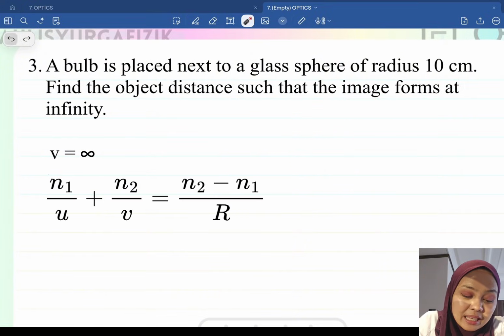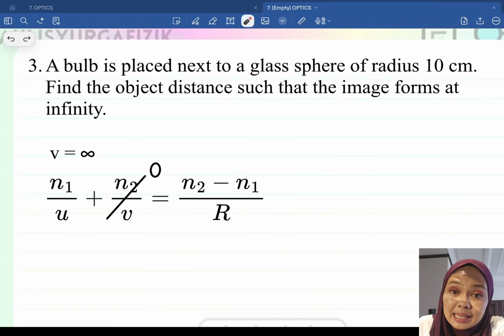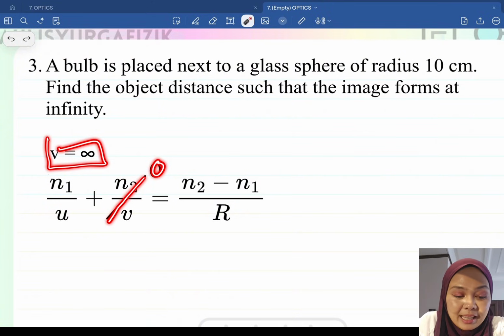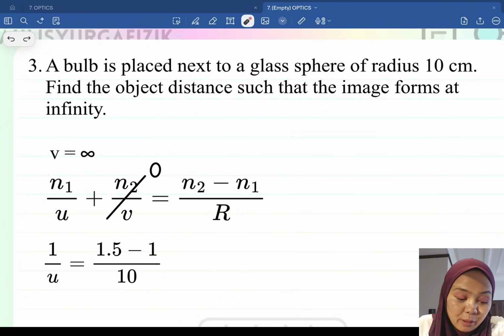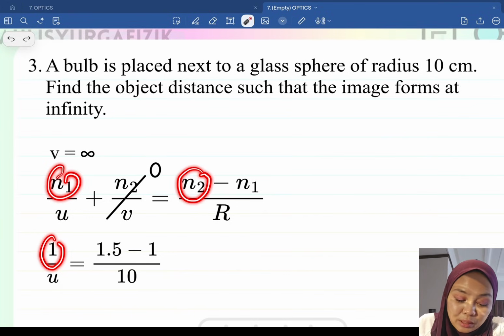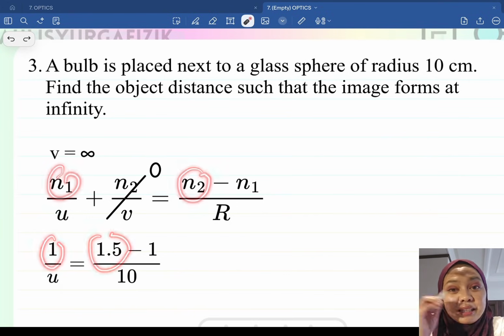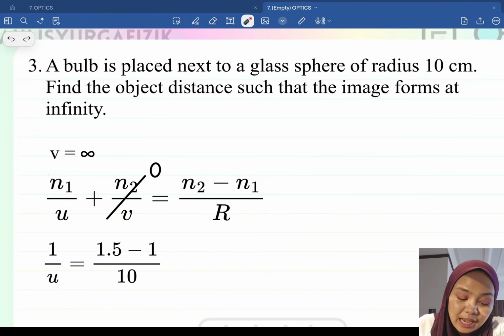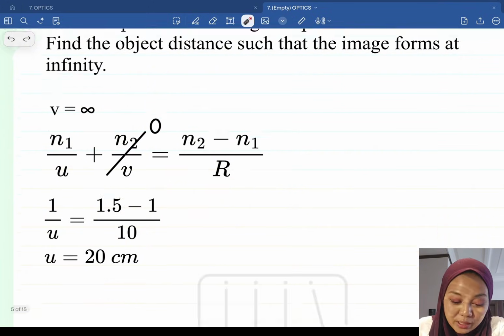So we're going to use it in our spherical surface equation. This time we make sure our 1 over V is zero, because V is already at infinity, right? So when we substitute, notice that our N1 is the air and N2 is the glass. Our R is positive because we saw that it is convex. And the final answer is U equals 20 centimeters.